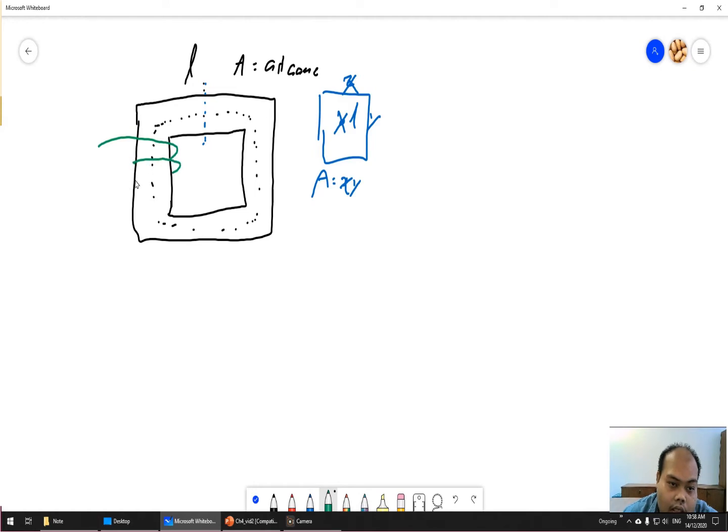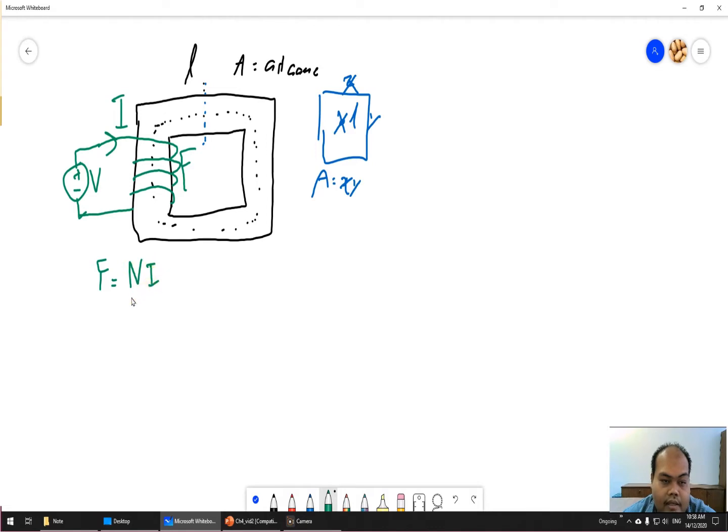This one is I, this is the plus and minus, this one is V, and this one is F. Now you know the relationship: F equals N I, where N is the number of windings, for example 10 windings, and I is in amperes.